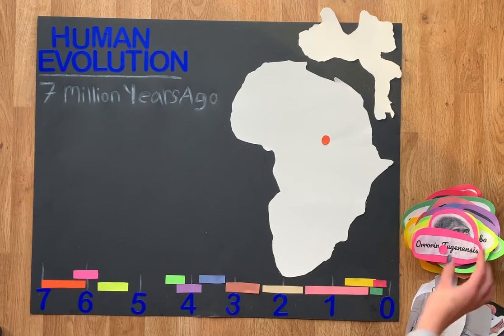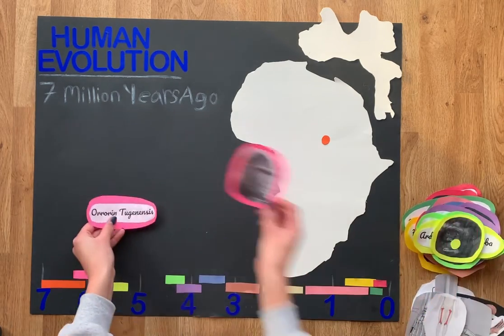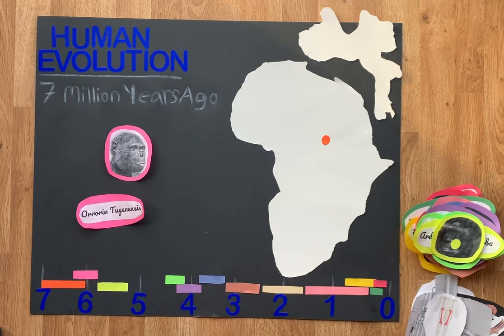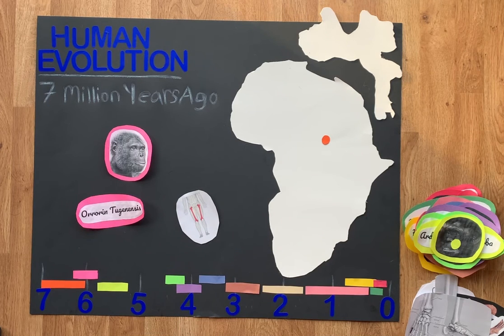Another species that lived in Africa was also around 6 million years ago, known as Orrorin tugenensis. And its discovery of the thigh bone suggested upright walking.